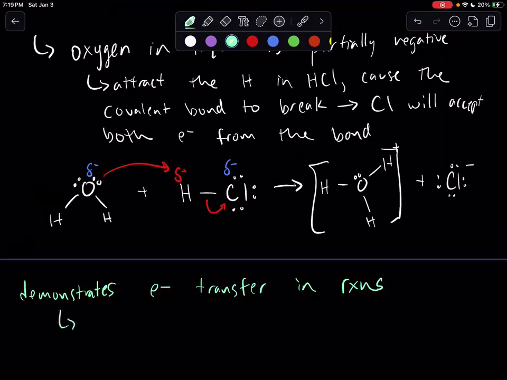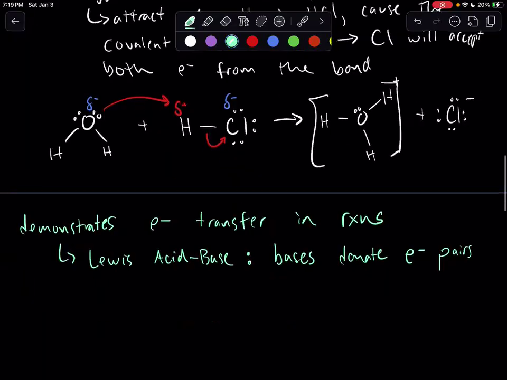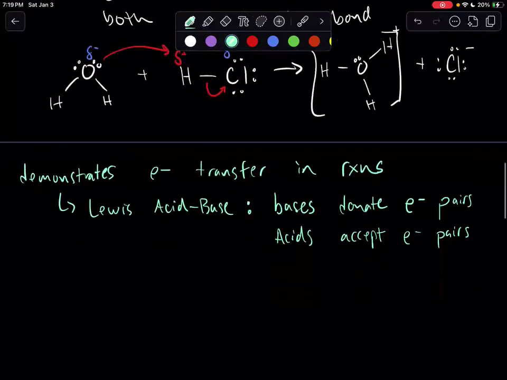So our basic idea of Lewis acid-base theory is that first our bases donate electron pairs. So in this case, our water, the oxygen in our water, and the acids accept electron pairs. In this case, the hydrogen in hydrochloric acid.